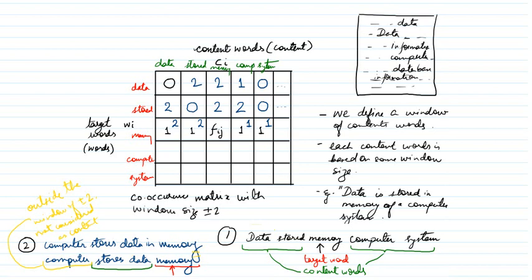And we can populate this co-occurrence matrix of size modulus of V, that is the vocabulary size, right? So in this way we can generate the co-occurrence matrix.